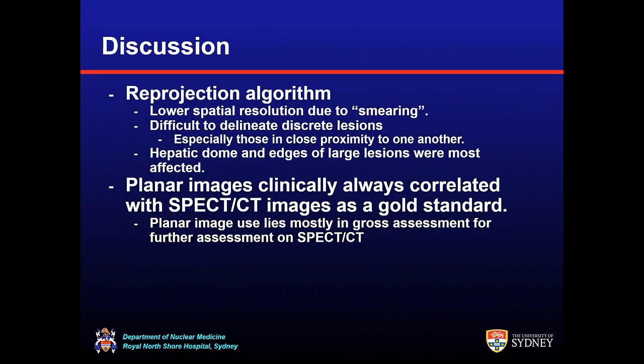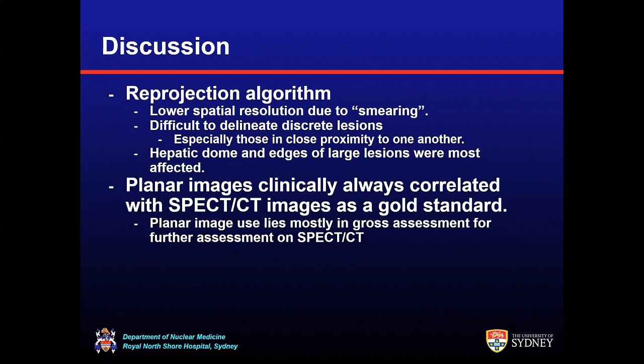The reprojection algorithm had some limitations, particularly lower spatial resolution due to the smearing effect as a result of the algorithm reconstruction. And it was difficult to delineate discrete lesions, especially those in close proximity to one another or confluent lesions.